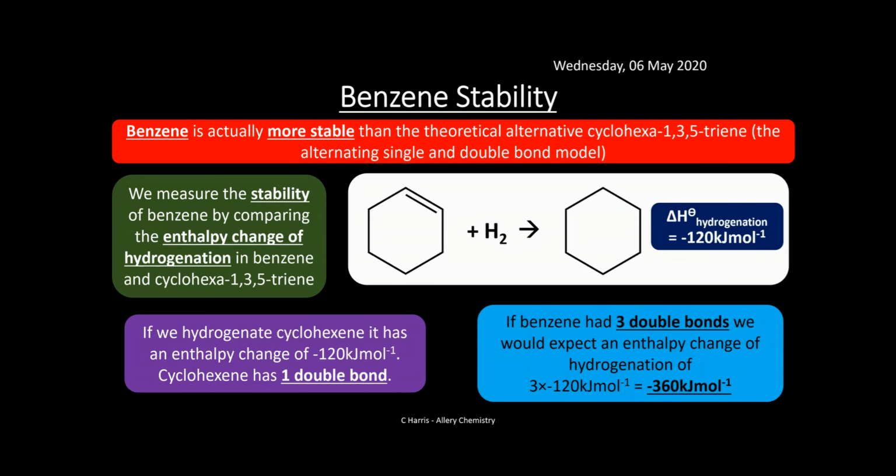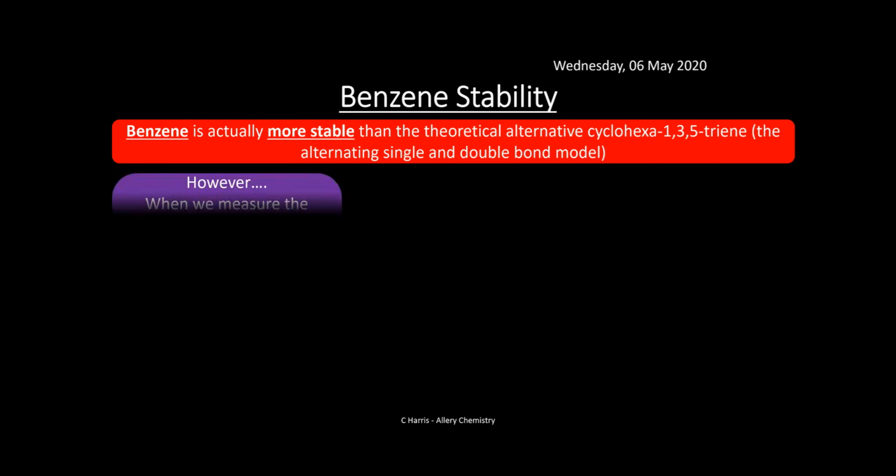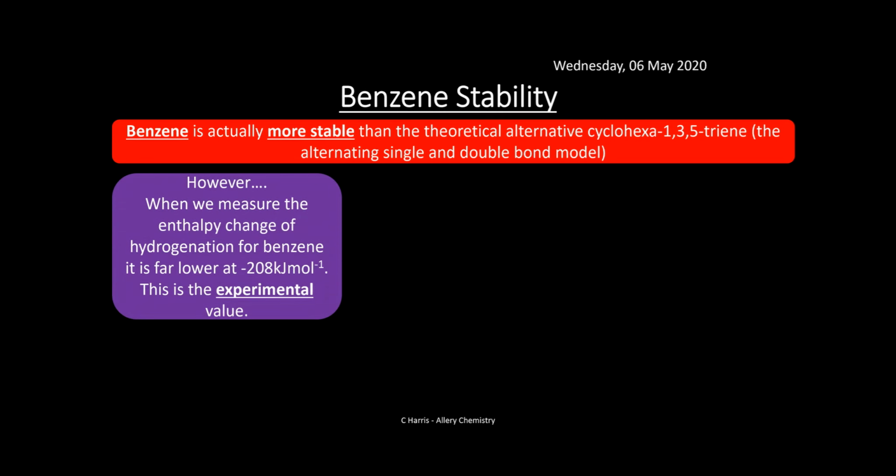So if benzene did have the 3 double bonds like Kekulé thought we had, then surely we would expect the enthalpy of hydrogenation to be 3 times that. So it'd be 3 times 120, which is minus 360. That's what we would expect if it had 3 double bonds. However, when we measure the enthalpy change of hydrogenation of benzene, we actually get a value that's much lower, which is minus 208 kilojoules per mole.